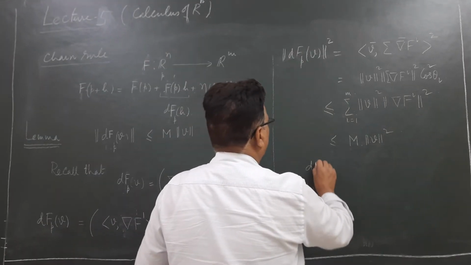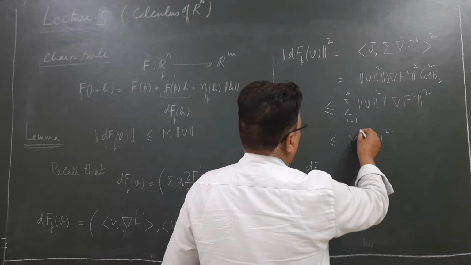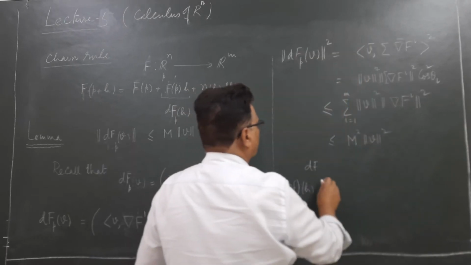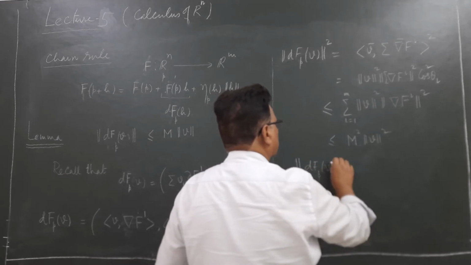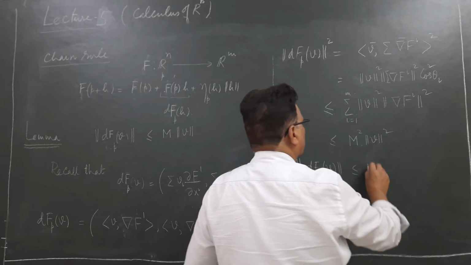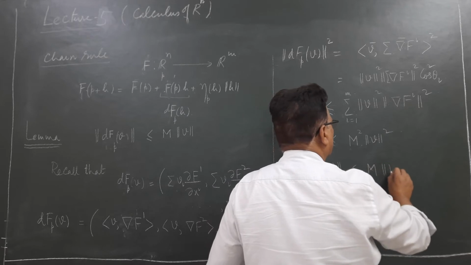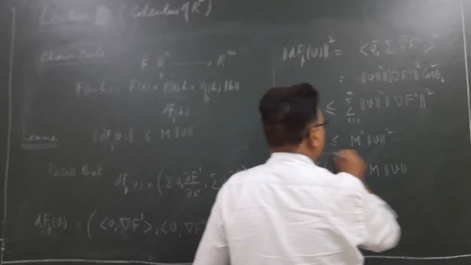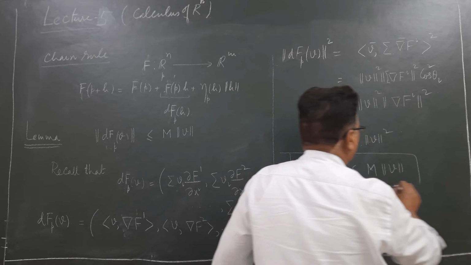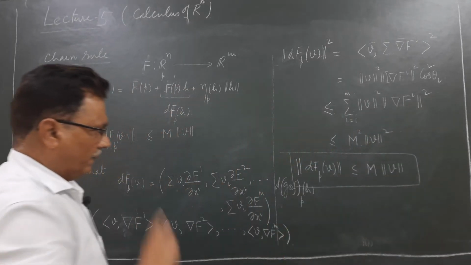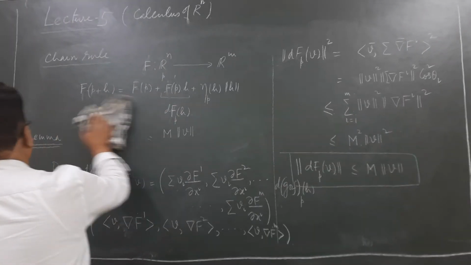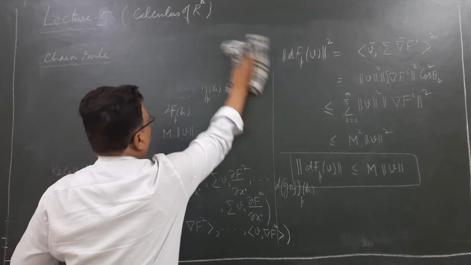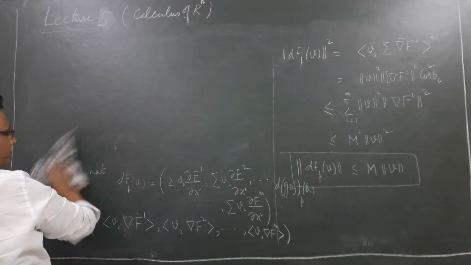Taking the square root, the norm of df_p(v) is less than or equal to M times norm of v. So that is an important observation, that df_p is a finite quantity. It is bounded by this number.